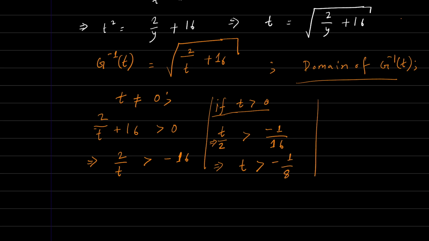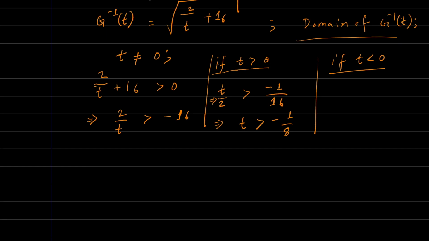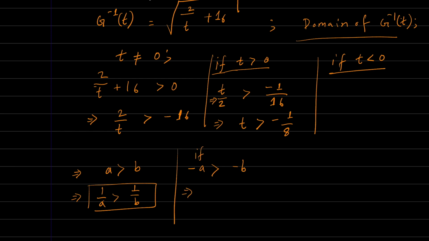If t is less than 0, we know for inequality, if a is greater than b, then 1 over a is greater than 1 over b. But if both sides are negative, like minus a is greater than minus b, then if we take the reciprocal, minus 1 over a and minus 1 over b, it would be less, like this.